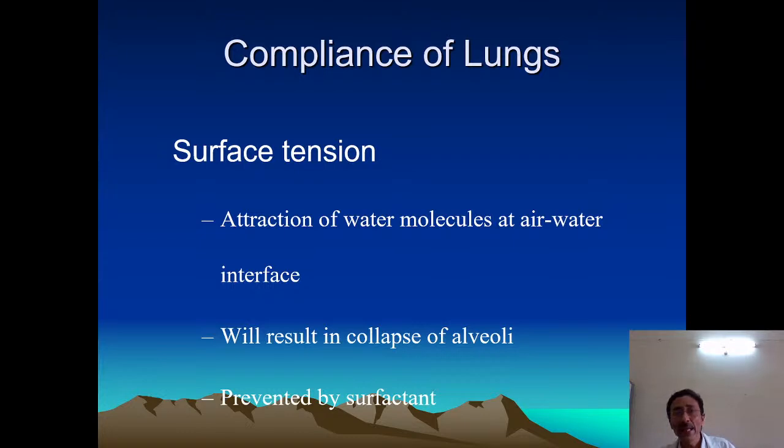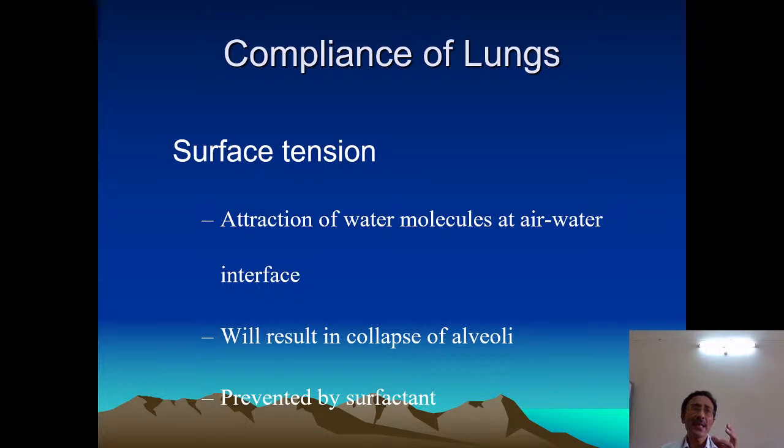Then lastly, the compliance of lungs will also depend upon the surface tension. Now, what do you mean by surface tension? This is something which you have learned about in your 11th and 12th class. What does surface tension mean? The surface tension is the tension which is present at an interface.